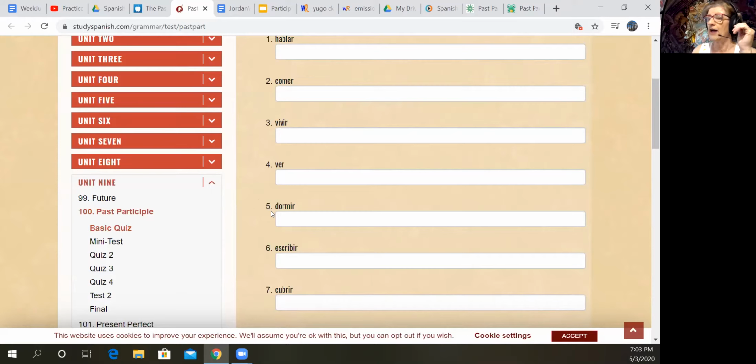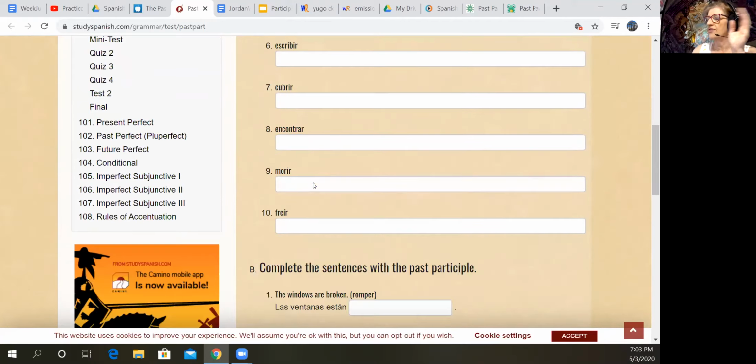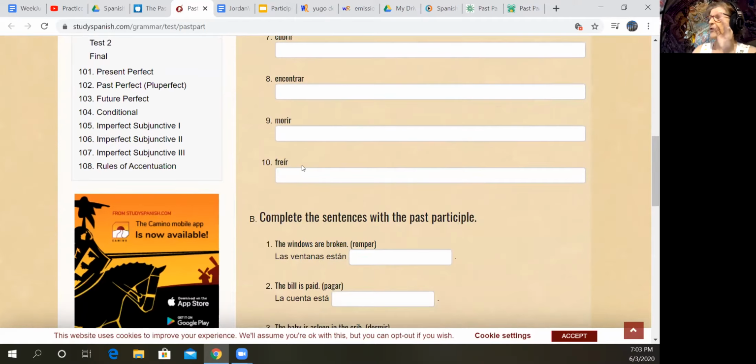Okay. Dormir, regular. Dormido, bien. Okay. Escribir, irregular. Escrito, T-O ending. Okay, so we're going to pass that up. Next one is also irregular. Cubrir, cubierto. There are a bunch that end in T-O. Cubierto, covered. Bien. Okay, encontrar, regular.